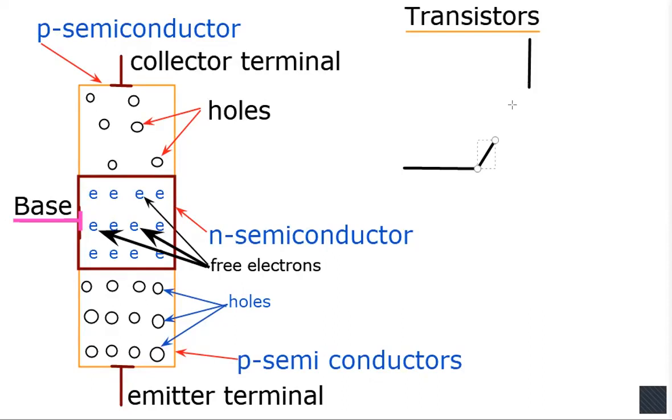I forgot to give you the circuit symbol of a diode. I think everybody knows it. The circuit symbol of a diode has an arrowhead like this.